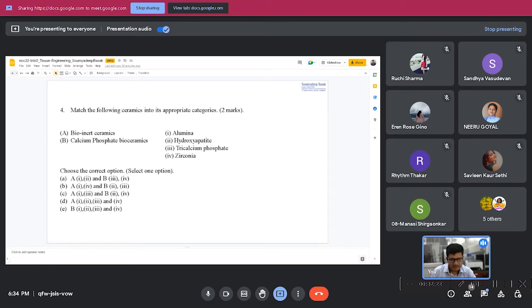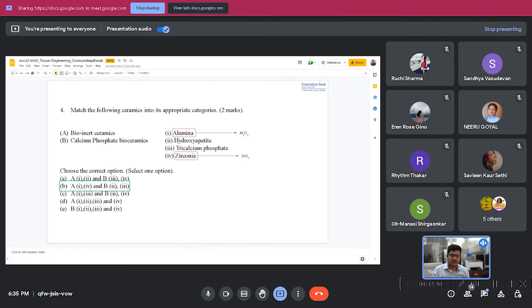So we have the bioinert ceramic material examples given in the week's content, and the calcium phosphate bioceramics in the week's content. From there, if we can remember, the bioinert ceramics are actually B option, that is alumina and zirconia. What are these materials? Alumina is basically aluminum oxide, Al2O3, and zirconia is zirconium oxide.